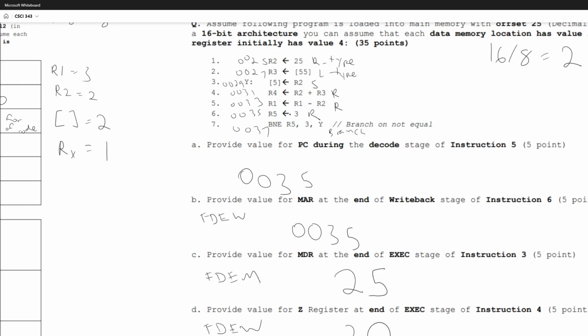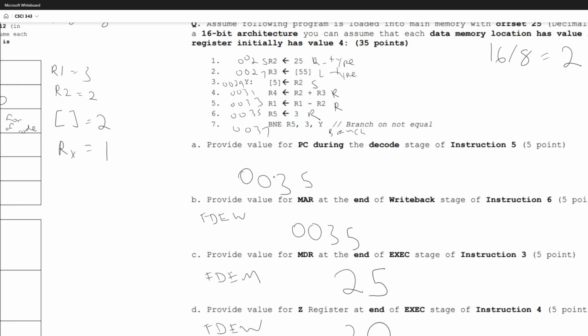R5 literally gets a 3 into it. They are equal. Since they are equal, it's not going to go back to the Y label. So everything only runs once.